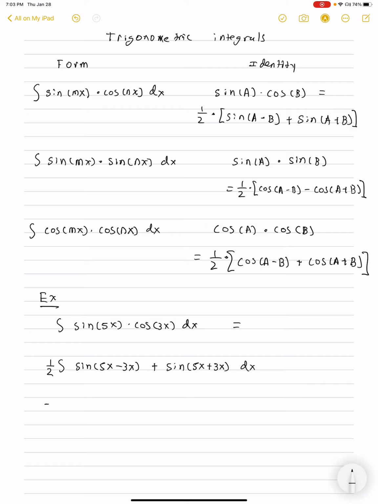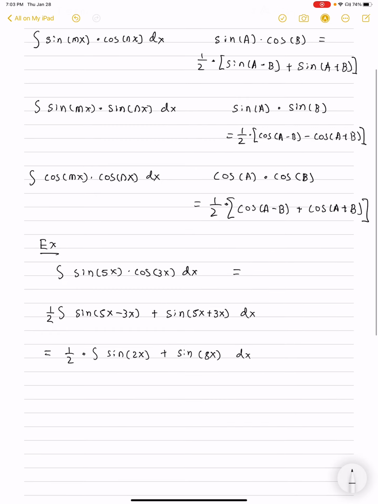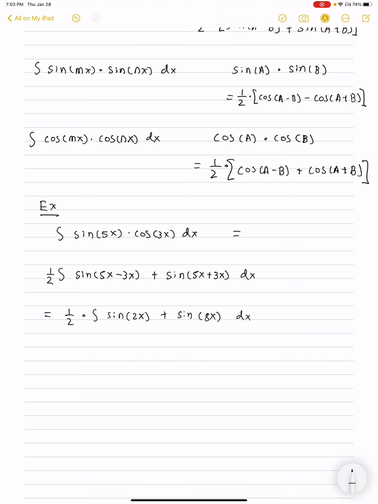And we'll just do a little bit of algebra. This will be 1/2 times the integral of sine of 2x plus sine of 8x dx. Well, now we just have to anti-differentiate this.